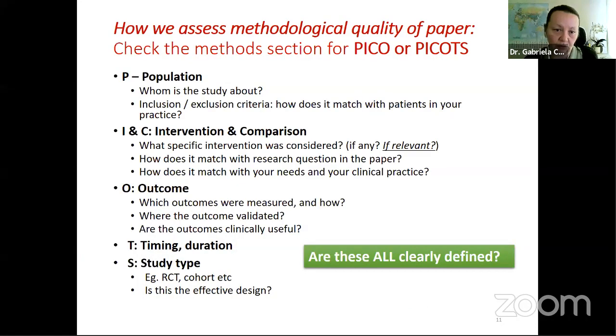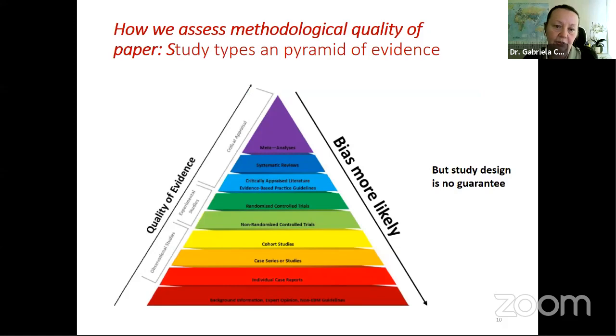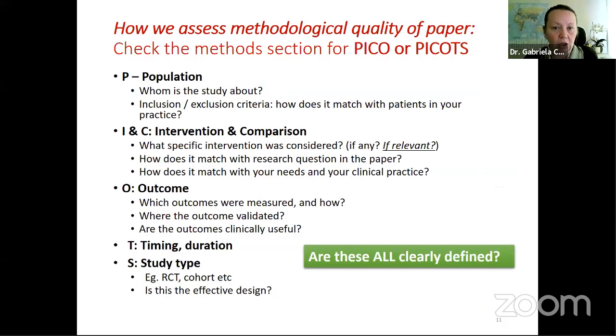It's always good to check in the paper that you read what design they are using and whether it is clear. Also important to know is PICO, or PICO-TS, which helps me to understand the population. What is the population of patients in the paper?